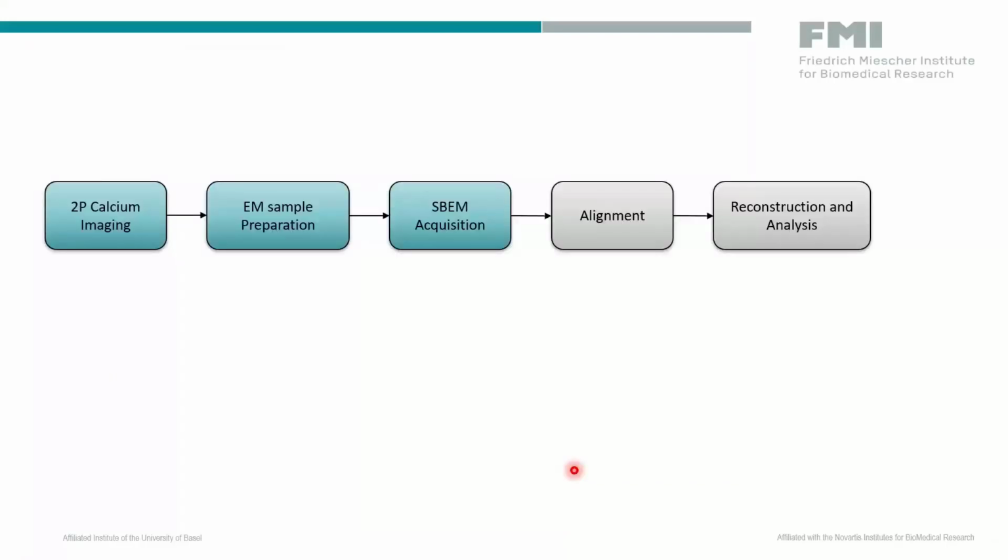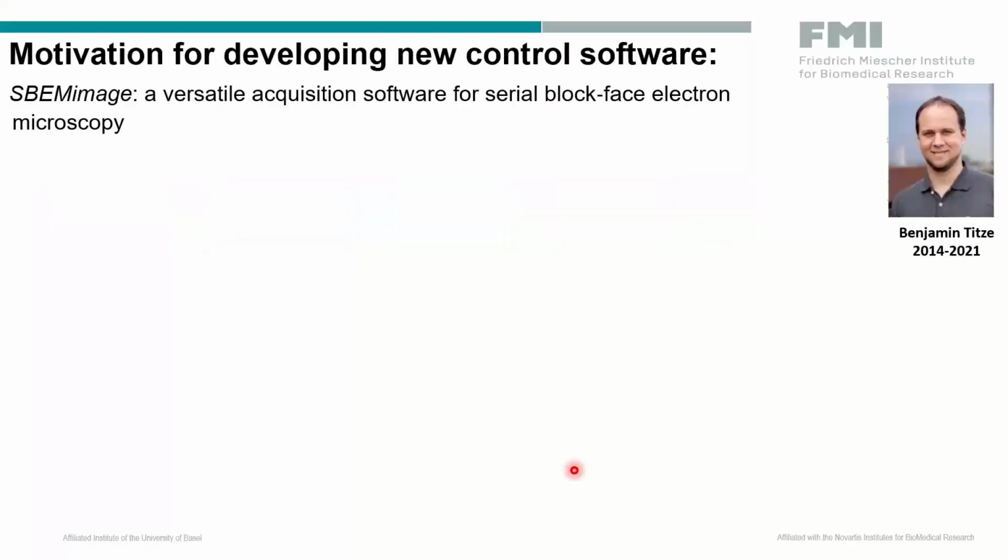Once the sample is ready for acquisition, we want to have the sample acquired in a very automated way. And that was our motivation to develop software to control the acquisition of the sample in a semi-automated way.